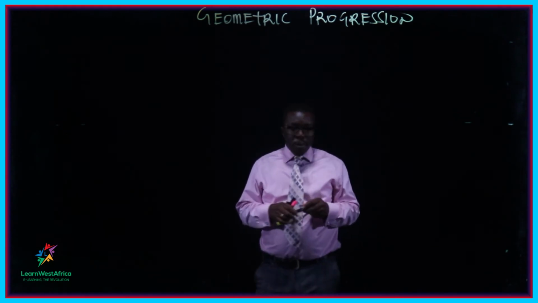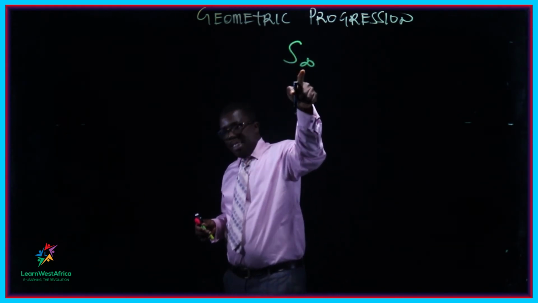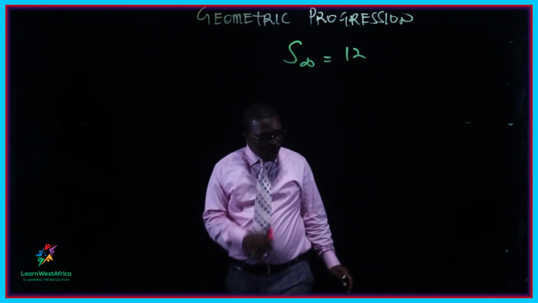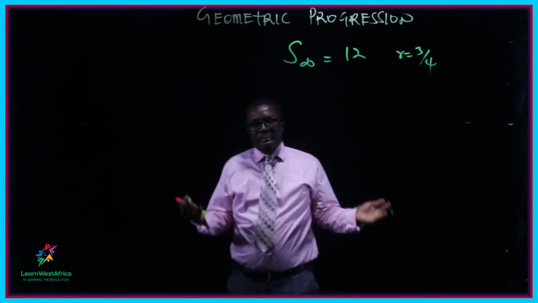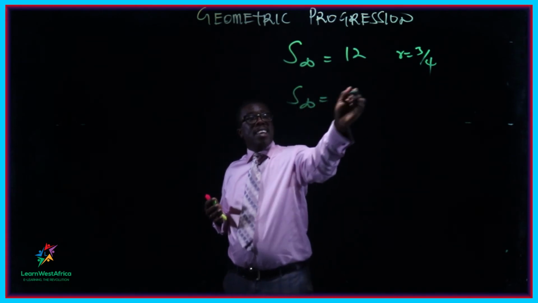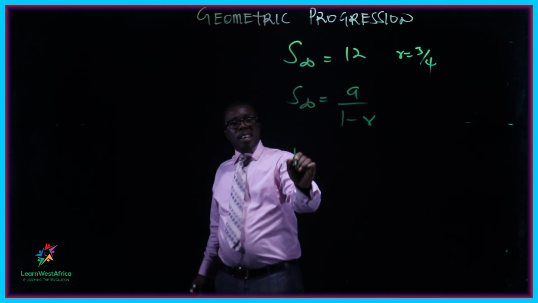The sum to infinity of a geometric sequence is 12, so S infinity is 12. The common ratio is 3/4, and we just want to find the first term. What do we know for sum to infinity? We know that S infinity is equal to a over 1 minus r, and we are saying that this is 12.